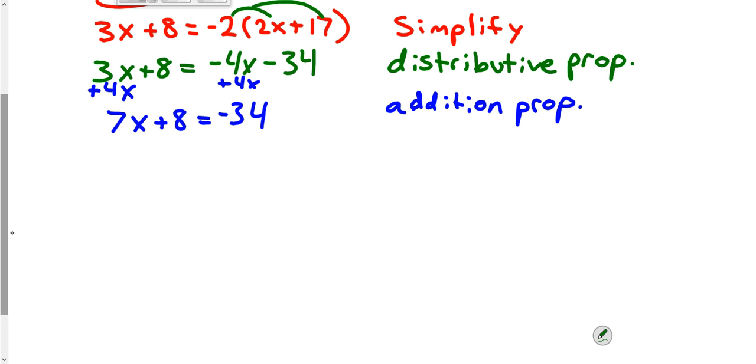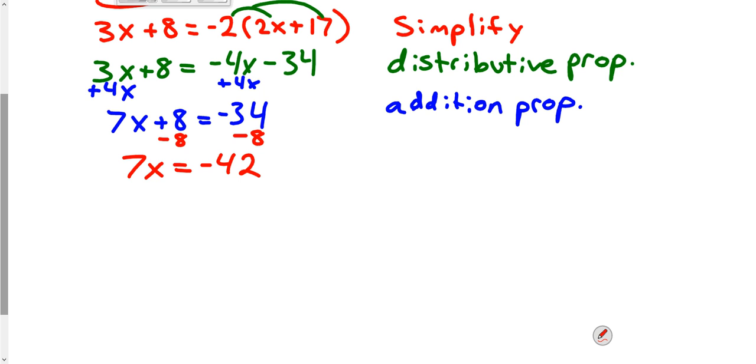And then we want to still be working to get x by itself, so we want to move the 8. So we would need to subtract 8 on both sides. So we get 7x equals negative 42.